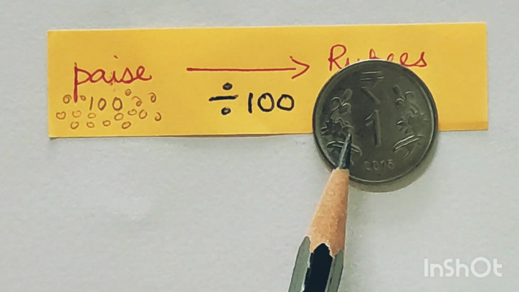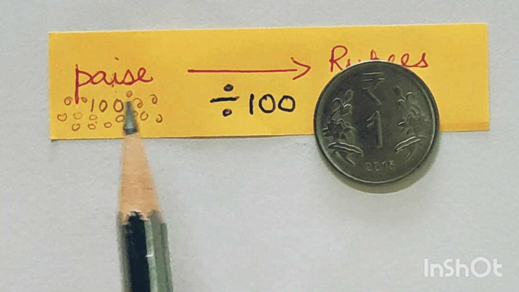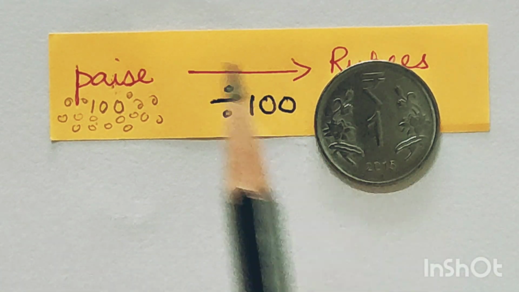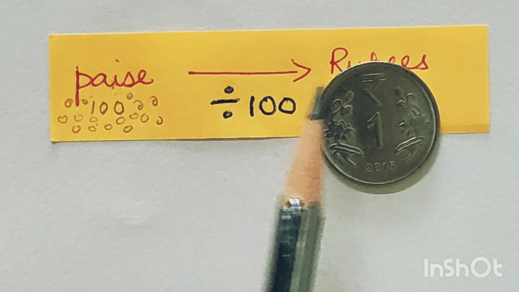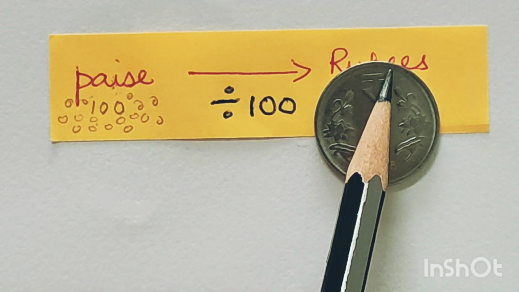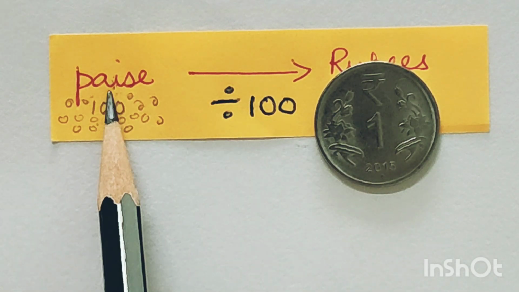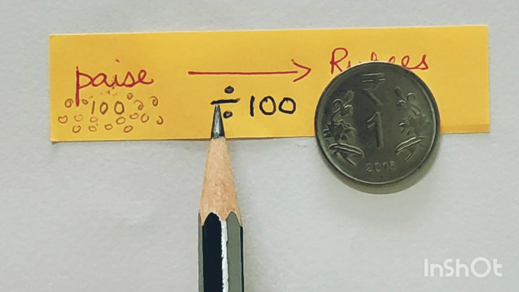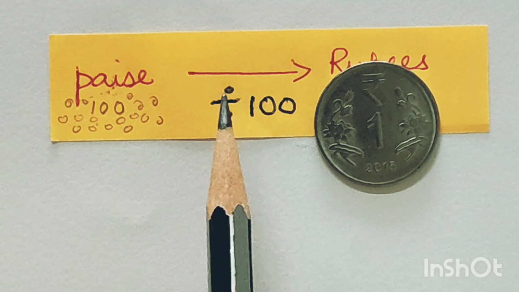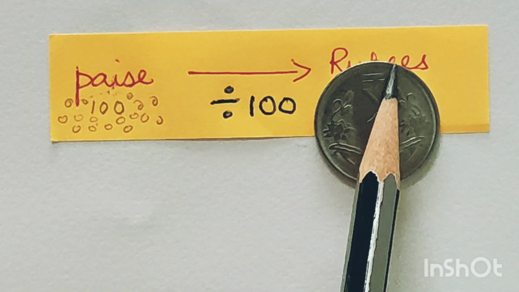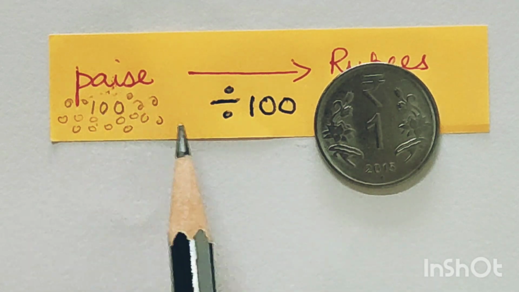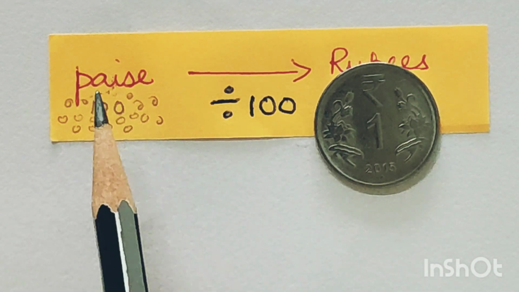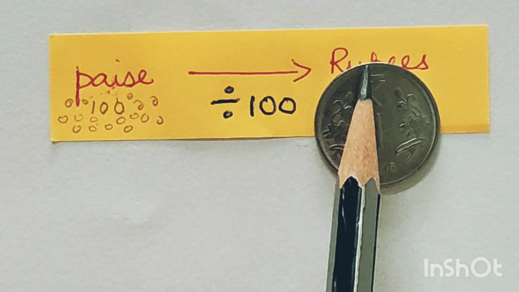So this is the conversion: 100 paise make 1 rupee. Now, suppose we have 2 paise and it has to be converted into rupees, how do we do that? If you divide the 2 paise by 100, then whatever value you get is already converted into rupees. So let's try such examples where we are converting paise to rupees.